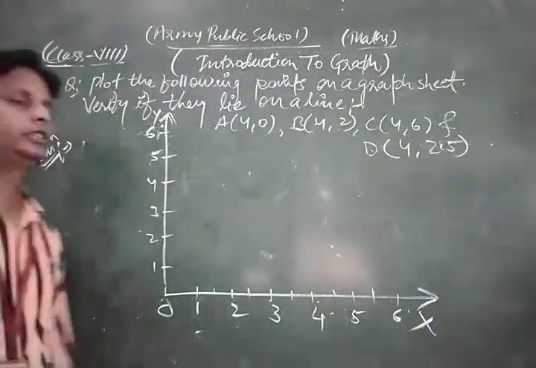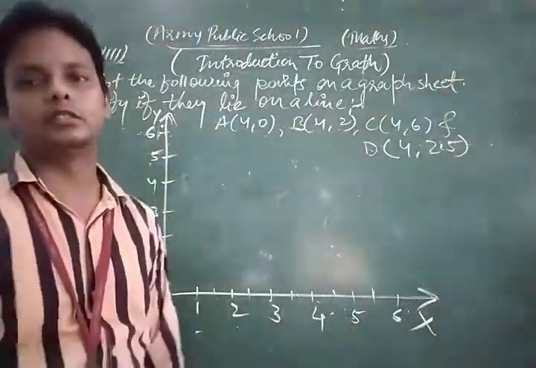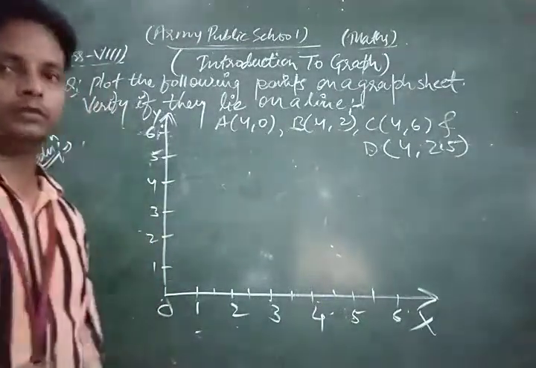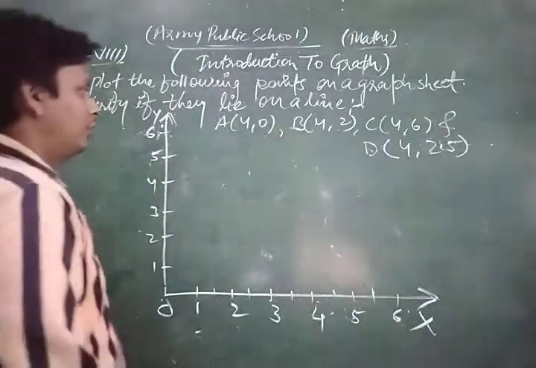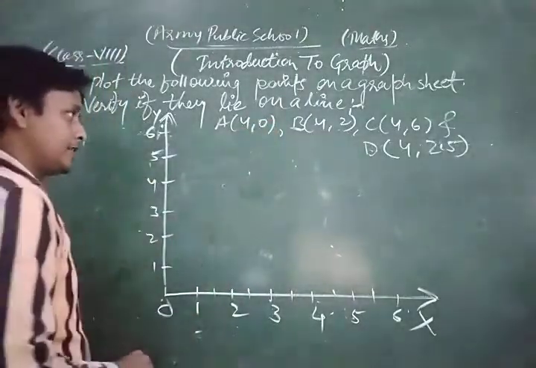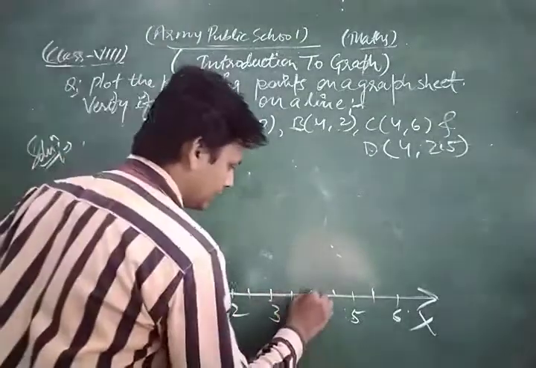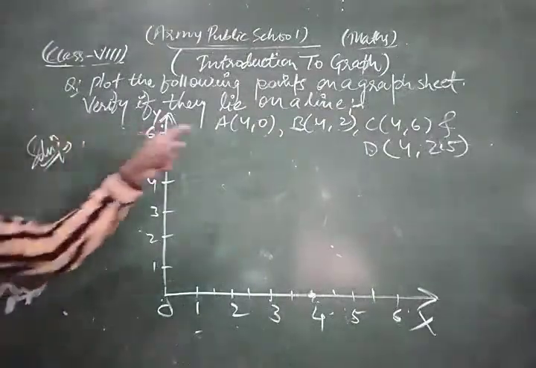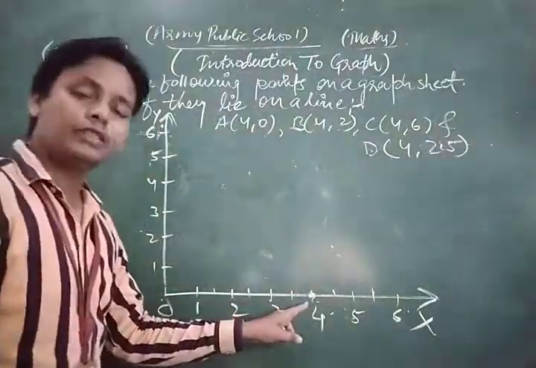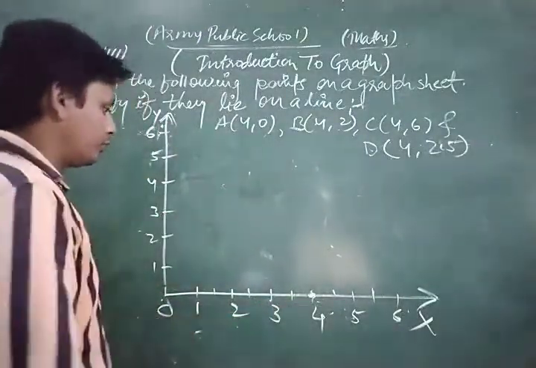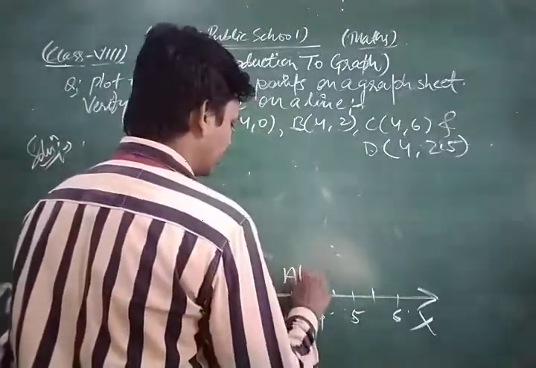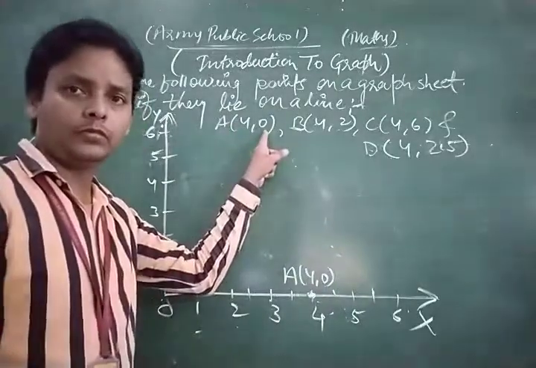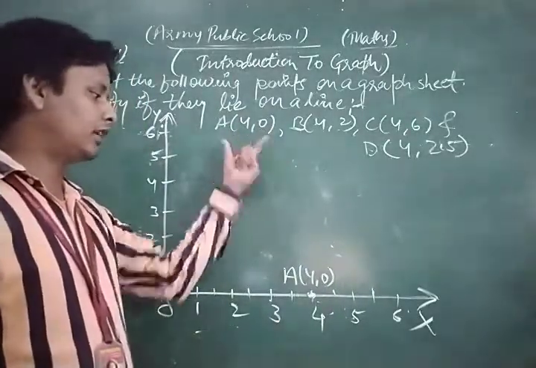Now we plot all these points on this graph sheet. Okay, now look, first of all we plot the point (4, 0), meaning abscissa is 4 and ordinate is 0 on the x-axis. So this point A lies here, (4, 0), because here ordinate is 0. If ordinate is 0, then that point lies on the x-axis.